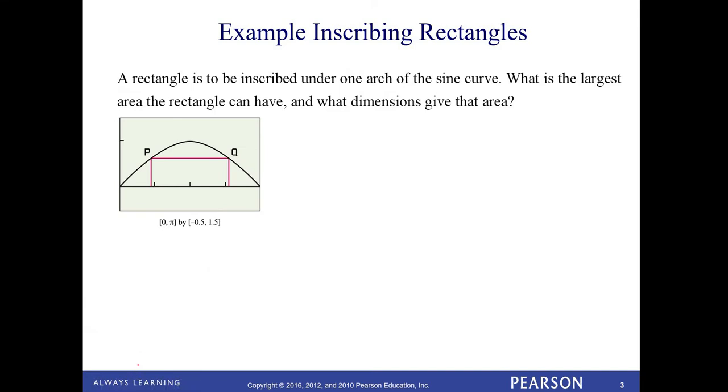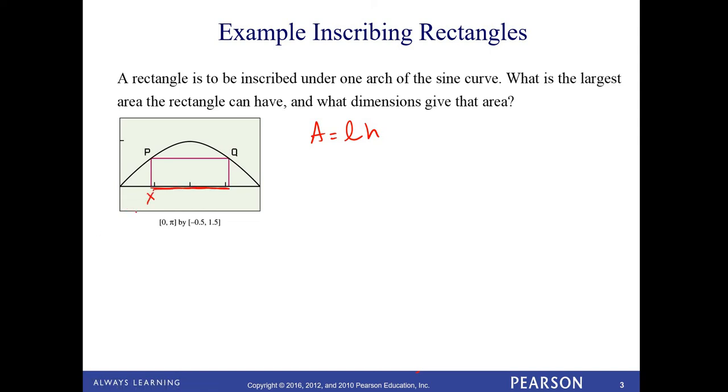Okay, so this is the rectangle that we're looking for, and we need an area. The area of a rectangle we know is length times height. So I need some expressions to represent a length and a height of any rectangle under the sine curve. So my length is going to be the distance along the x-axis.